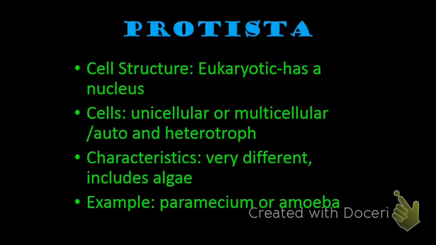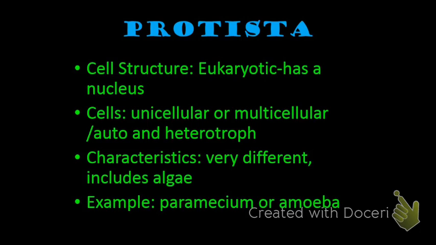Then we have the Protist kingdom. And the Protist kingdom can be called the odds and ends kingdom. Everything that is small, that couldn't fit in bacteria or fungi or plant or animal, kind of ended up here. They are eukaryotic in that they have a nucleus.